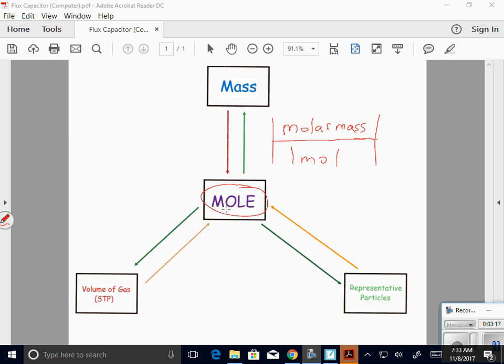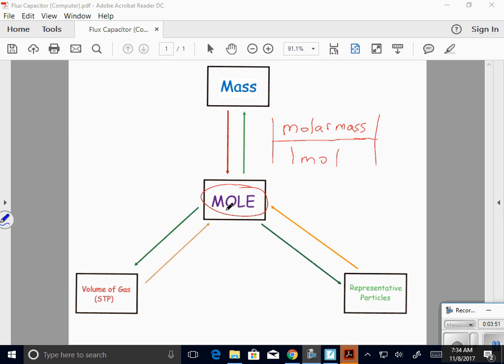Avogadro's number does not change, but the mass of 1 mole of carbon, look at your periodic table, 12.011 grams. The mass of 1 mole of oxygen, 15.9994 grams. 12, 15, they're not the same, are they? So these masses will change.